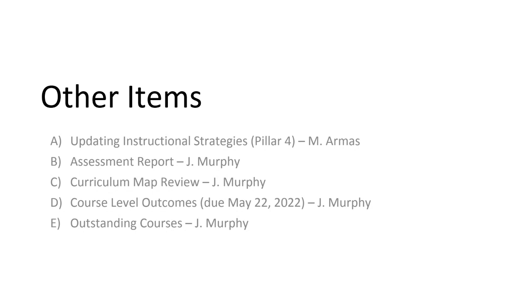And this is to change that 1 to 2 sentence course outcome that was in the course outline. We're changing that to 1 to 6 bullet points. So the assessment fellows are probably the ones that have taken care of this or are currently working on this, but we need those 1 to 6 course level outcomes back by May 22nd.